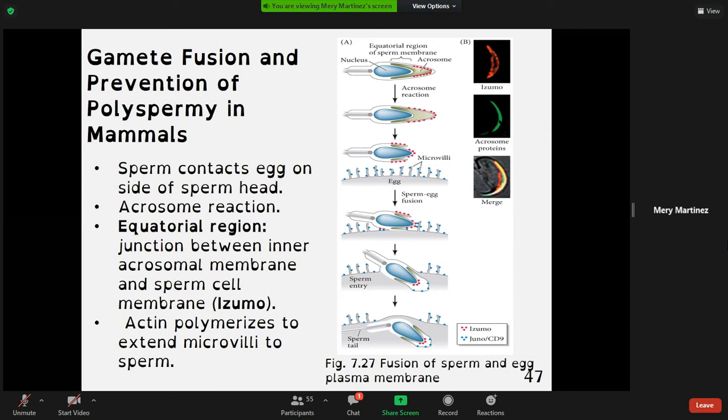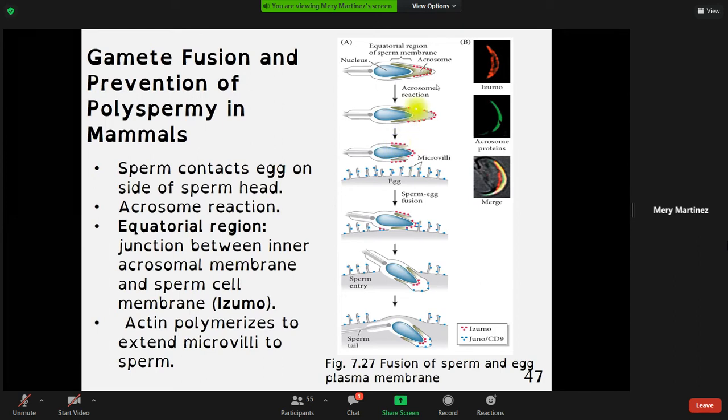Okay, so the acrosome reaction, in addition to expelling the enzymatic content of the acrosome that would allow it to dig a hole and come across that zona pellucida into binding to the cell membrane, also involves all these parts. So we don't have an acrosome as we have in the other ones, but we have this section here.